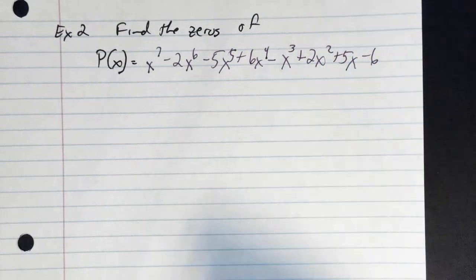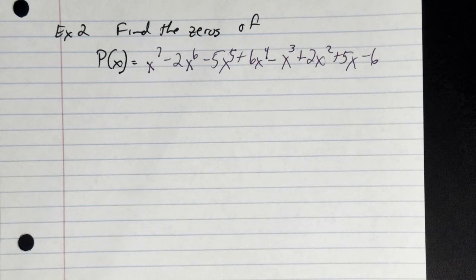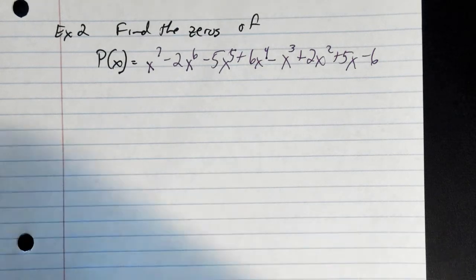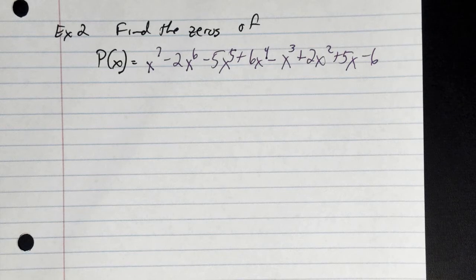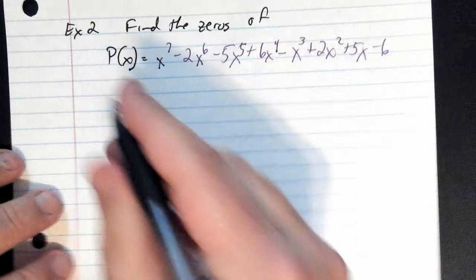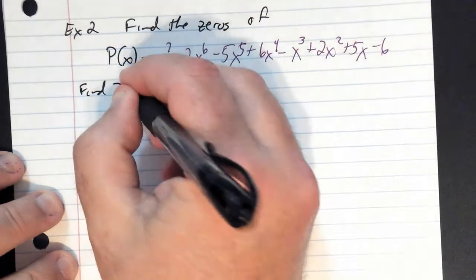But to give you an idea, how many solutions are we going to have? How many zeros is that going to be? Let me make sure I wrote that down right out of the book. Yep. So, notice we have to find 7 zeros.